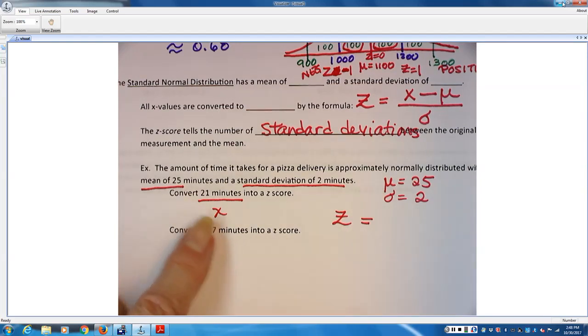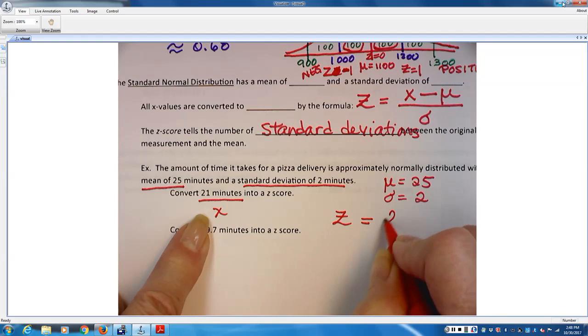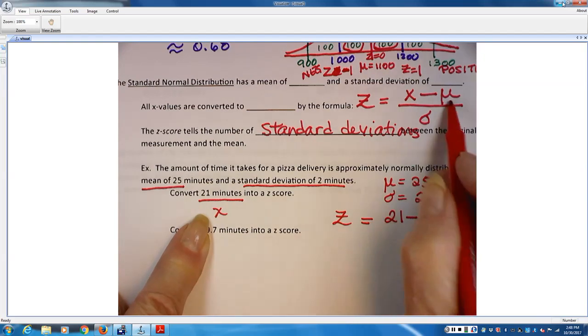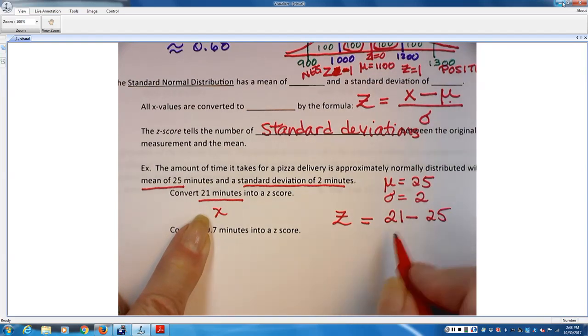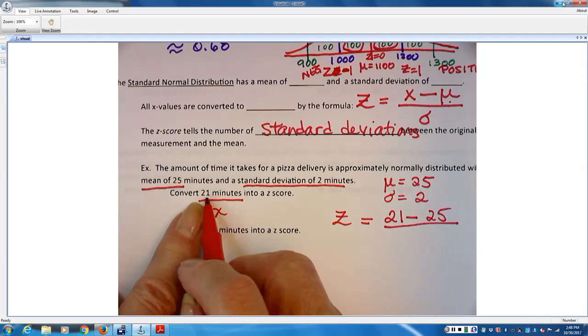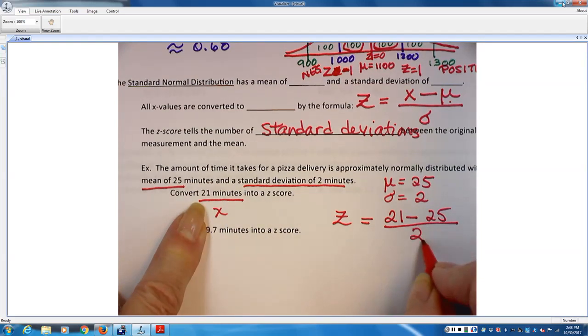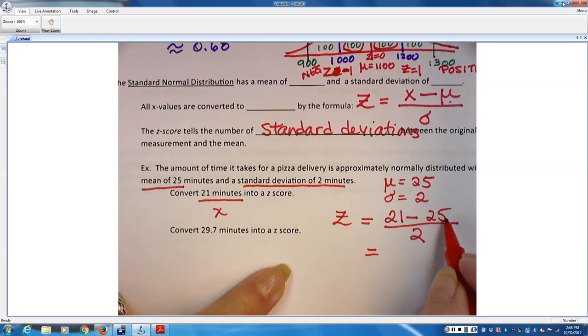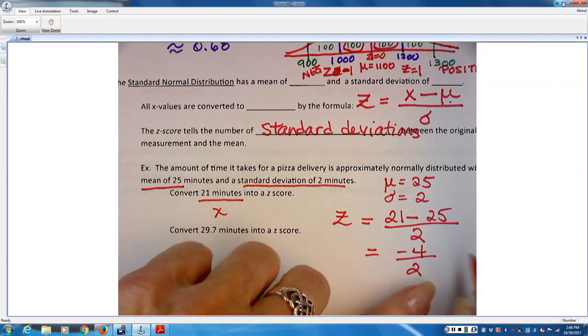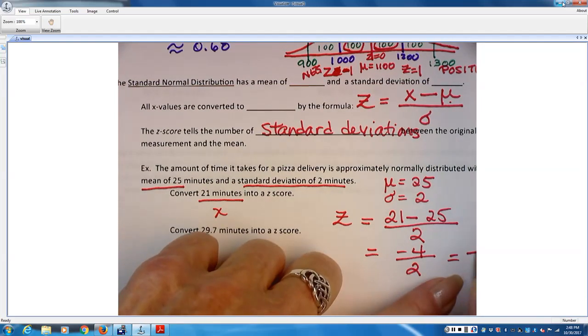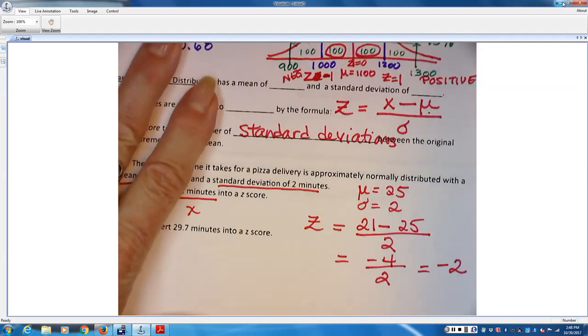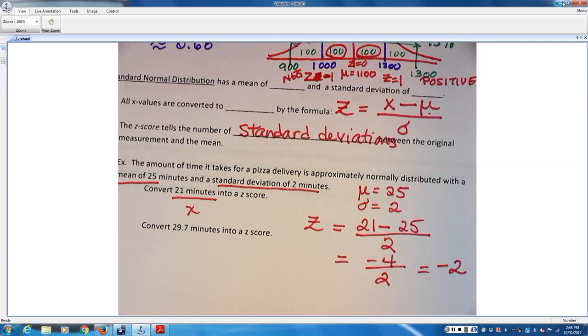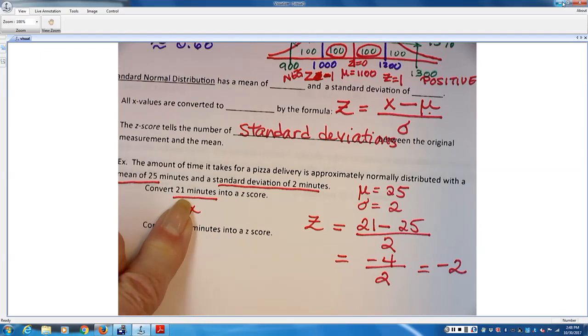Z is equal to the x value, 21, minus the mean, 25, divided by the standard deviation, which is 2. 21 minus 25 is -4, divided by 2, and that's -2. So that tells you 21 minutes is 2 standard deviations below the mean.